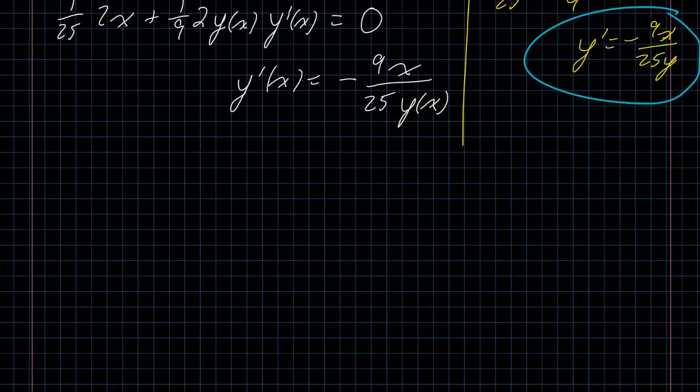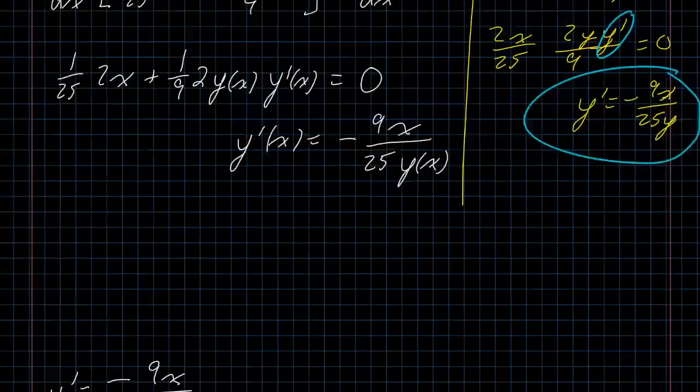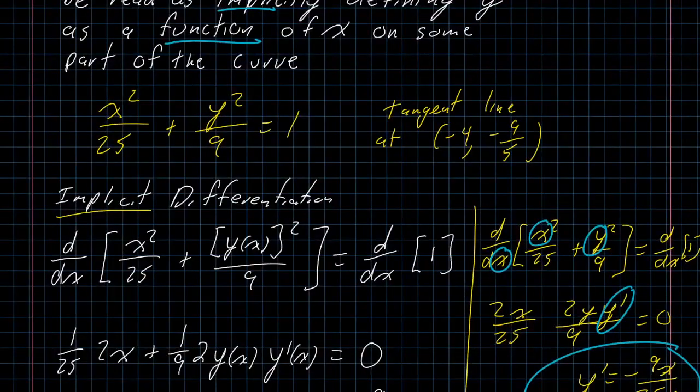I'm just going to rewrite that over here for the sake of convenience. Y prime is negative 9x over 25y. And remember what we were trying to do. We were trying to find the equation of the tangent line at the point (-4, -9/5).